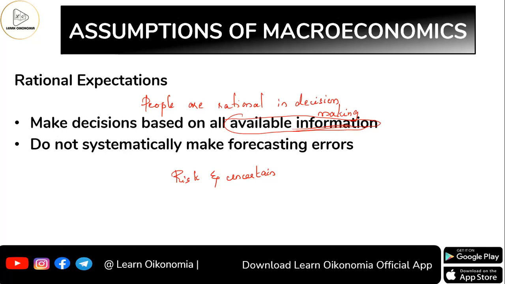This would aid us in making decisions that influence our future, and this will not lead to more forecasting errors. People do not systematically make forecasting errors. They will try to collect as much information as possible before making a decision so as to reduce the element of risk in their decision making situation.